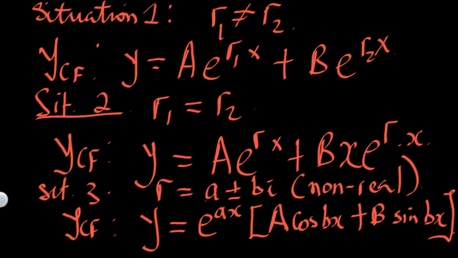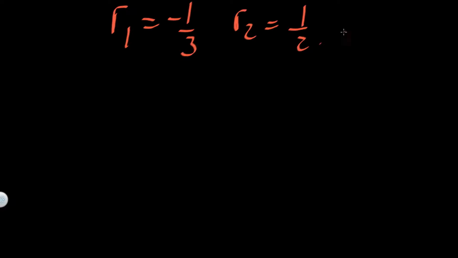So now that we know how to get our complementary function in all these 3 situations, let us go to our equation and get our complementary function. We found that our r1 is -1/3 and our r2 is 1/2. We have a situation of r1 not being equal to r2, but these are real solutions.